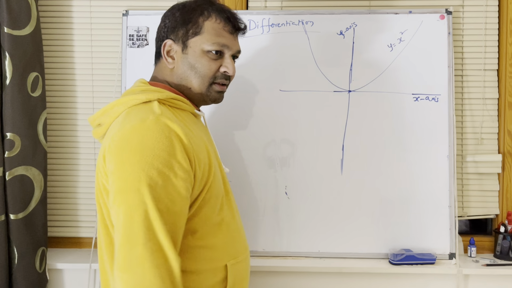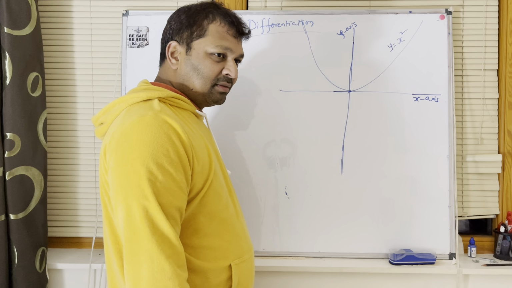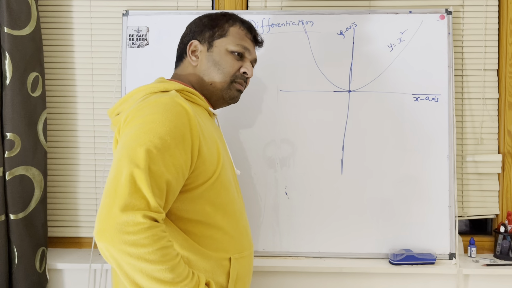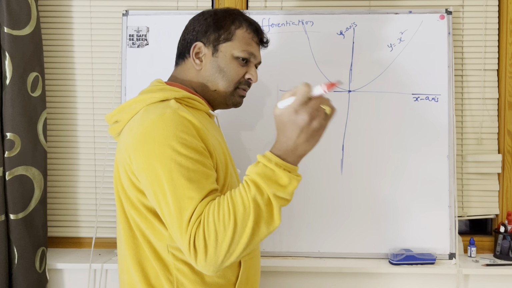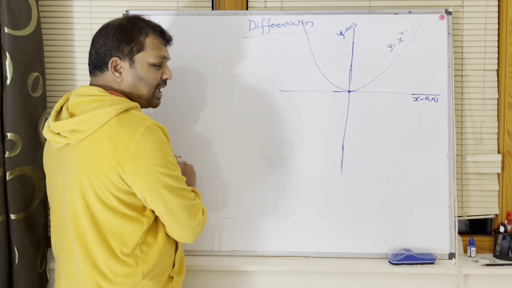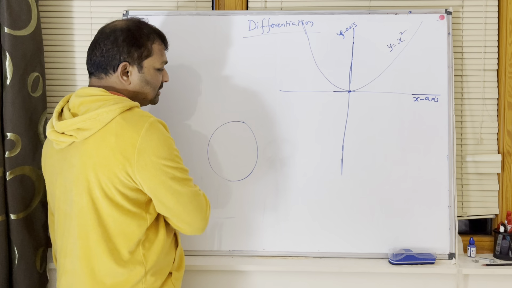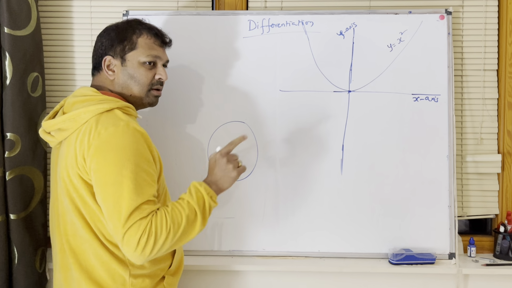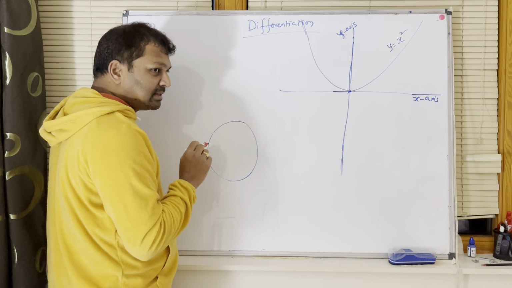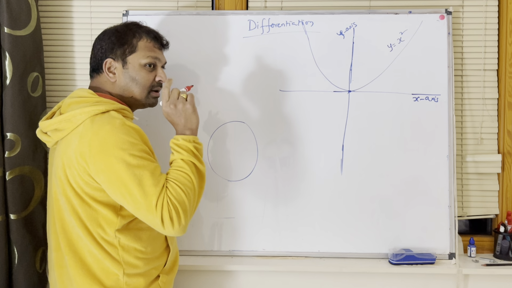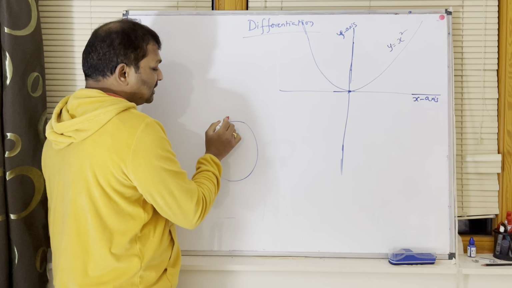But what if it is very smooth? Even then there is a tip. That is the concept of tangent. Say for example, this is a circle. How do you define a tangent? A tangent is a line that touches the circle only at one point on the circumference.